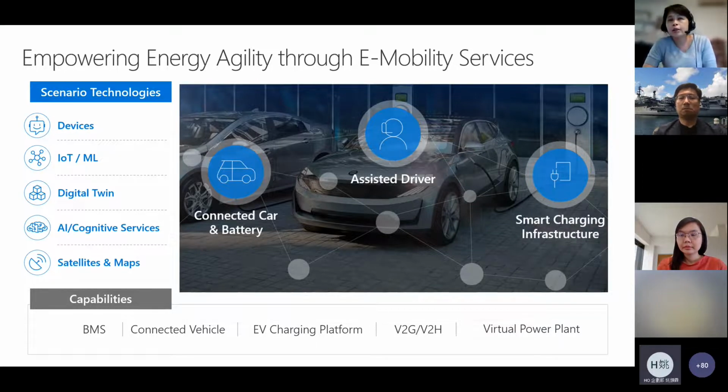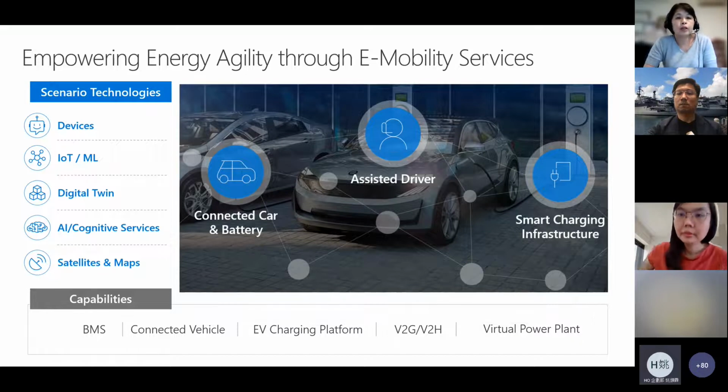But at the same time, a company like Taipower is also looking at EV cars as another opportunity for Taiwan to create a more resilient power supply. Think of the battery as a small storage: when Taiwan is short of power, EV cars can recharge and sell the power back to the grid. So smart charging infrastructure is another persona we are looking at.